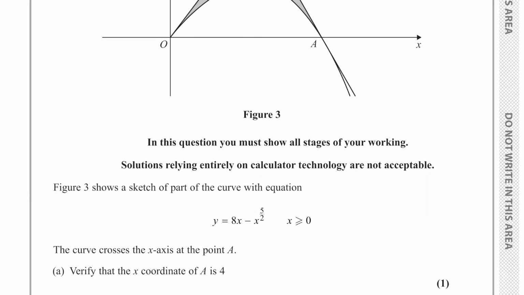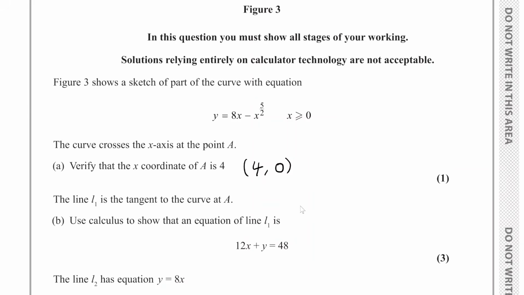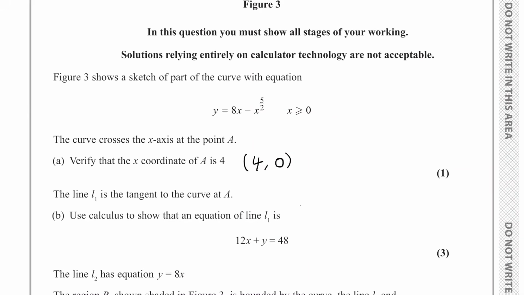So if it crosses the x-axis at A, that means where it crosses x, y is 0, it's 4, 0. So if we just substitute it in, and the left side should equal the right side, and that will verify it.